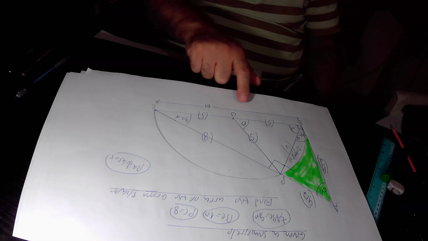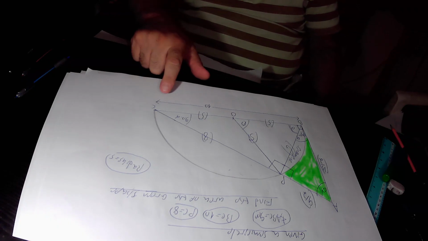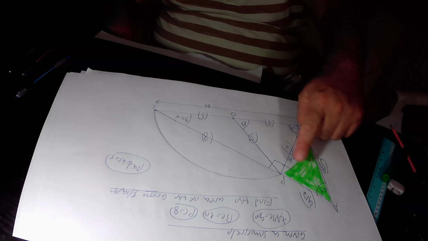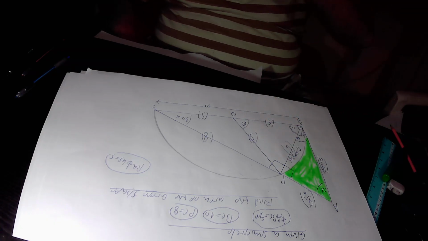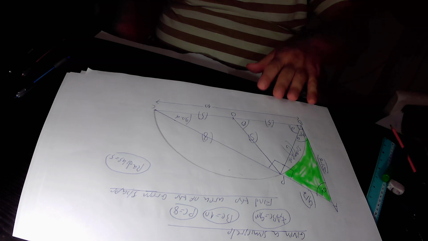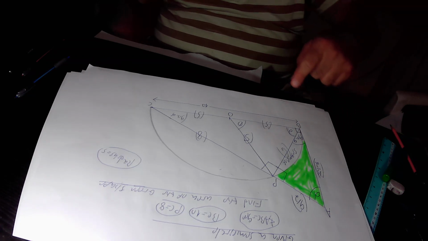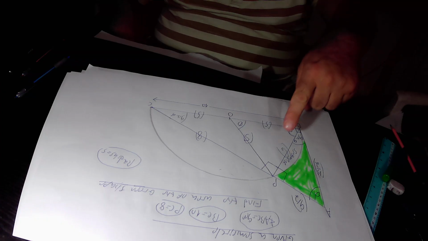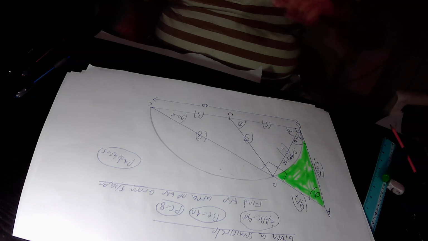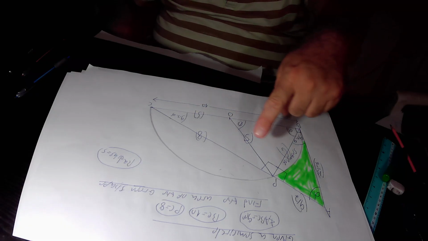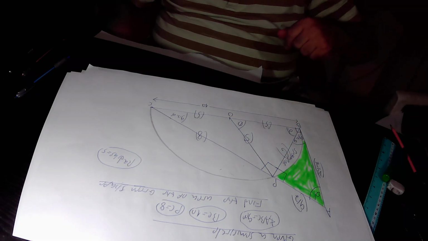So BO is the radius that is 5, OC is also the radius that is 5, and PO is also 5 because it is the radius. And we join points B and P together by a straight line. By joining points B and P, we get the peripheral angle BPC. Peripheral angle BPC equals 90 degrees in its size.